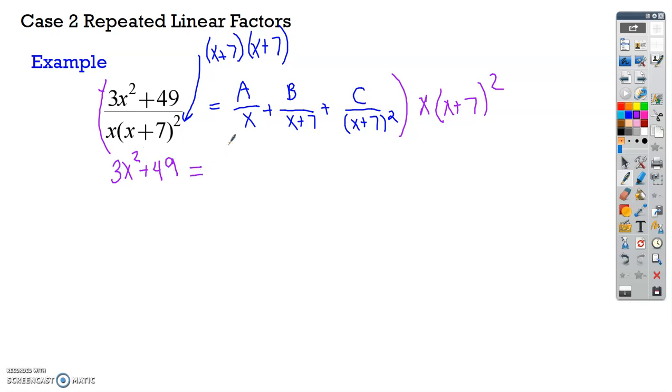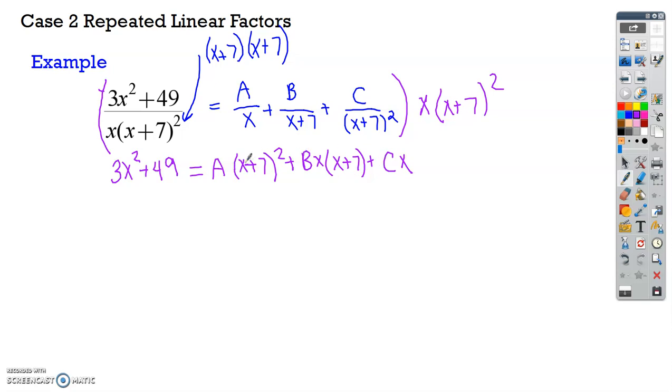On the right-hand side, x is going to cancel with the x. I'm going to have a times x plus 7, quantity squared. The b term, one of the x plus 7's cancel, so I have an x and 1 x plus 7. With the c term, both the x plus 7's cancel, but I have an x. Remember my trick that I showed you, how you can write the common denominator above each and physically cross it off, if that helps you.